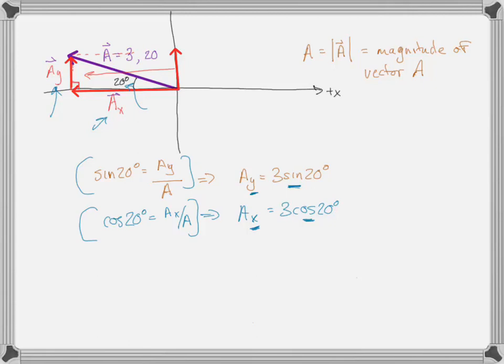Because sometimes a sub x is going to be 3 sine 20 and a sub y is going to be 3 cosine 20, depending on which angle you're given. Okay, anyway, we can go ahead and plug this back into the calculator. You can even check your math to see that 1.03 squared plus 2.82 squared indeed equals 3 squared. Check. Or we could have figured out this 2.82 from the Pythagorean theorem instead of from geometry.